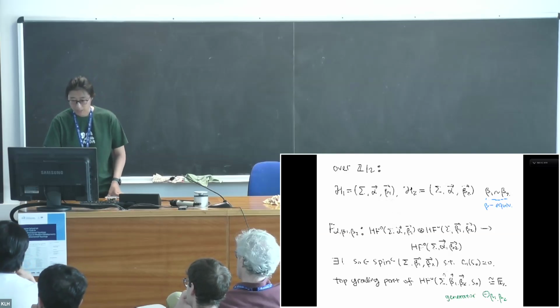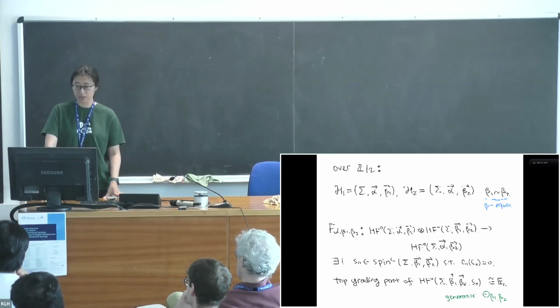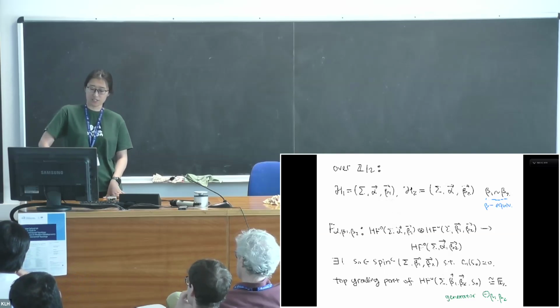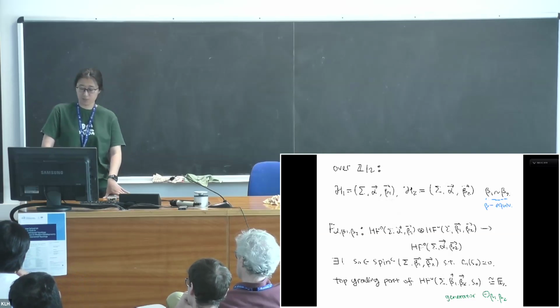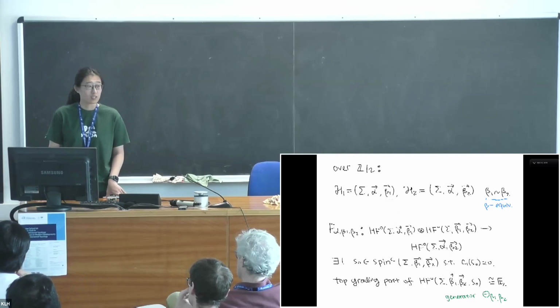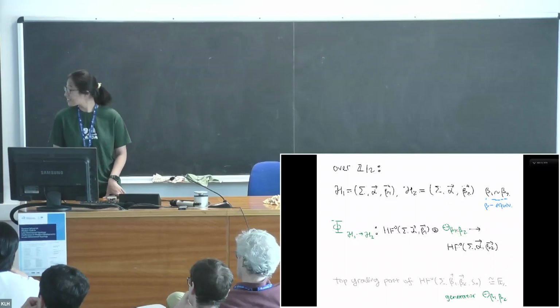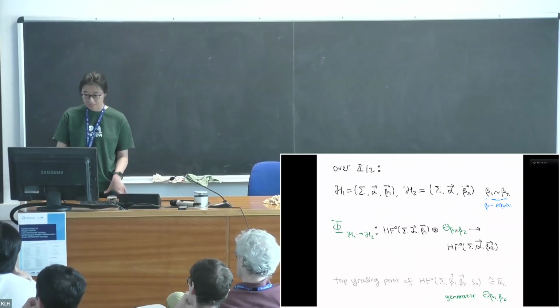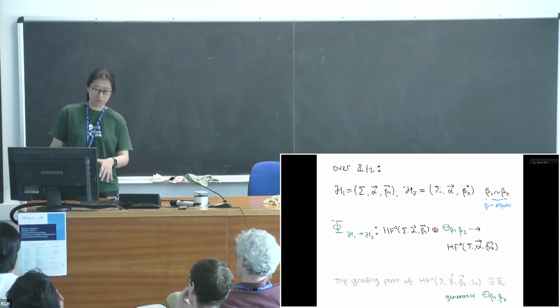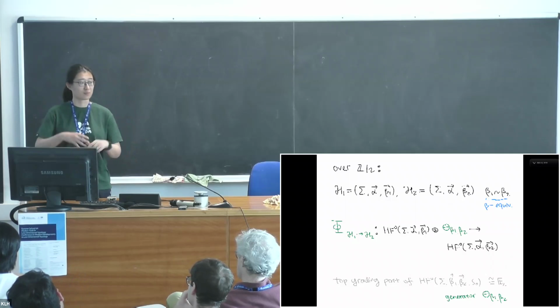Because beta 1 and beta 2 are beta equivalent, there exists a unique spin-C structure such that the top grading part of the Heegaard Floer homology of sigma, beta 1, beta 2 is just Z mod 2. So we can take a generator theta of beta 1, beta 2 and put it back into this map. Then we can say this is the canonical isomorphism that we want, and we check that it forms a transitive system, and so on.